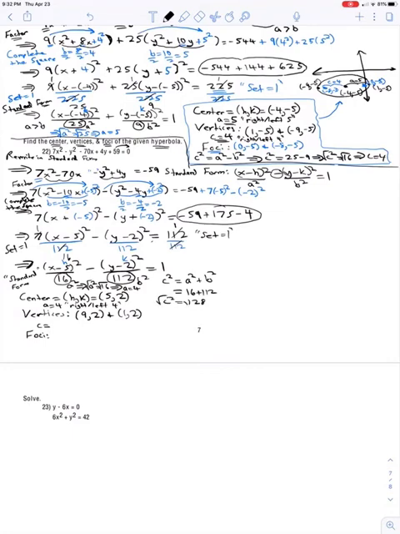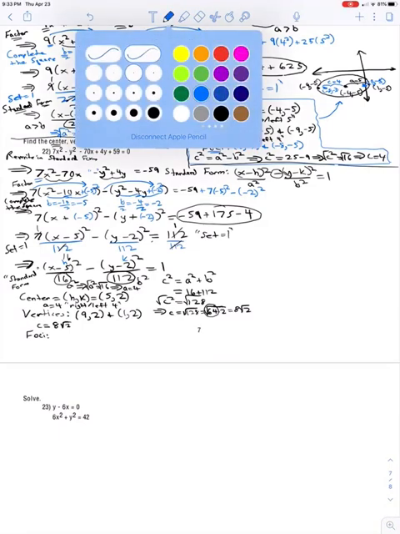To get c, we take the square root of that, so c is equal to the square root of 128. Now, that does have a perfect square factor, so we could simplify. That's 64 times 2, and we know the square root of 64 is 8. So 8 square roots of 2 is our value of c.